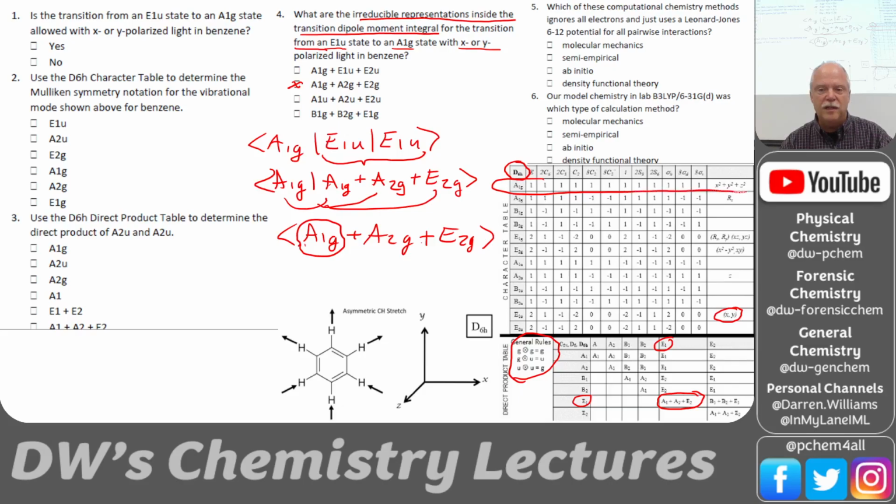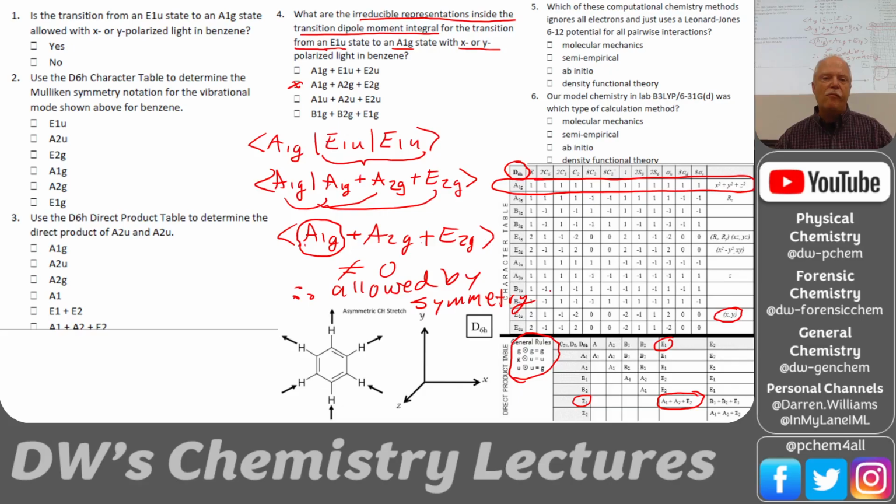So that's the only even row, and if a function has that symmetry, when you integrate over all space, it'll be non-zero. These other two will be zero. So this integral is not equal to zero. Therefore, it's allowed by symmetry. Okay, so that's the conclusion that you would have for that. Good question.